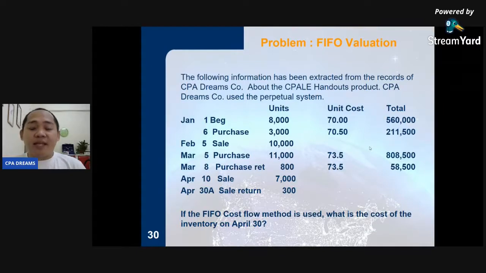Then nag-purchase ng 3,000 at 70.50 to 11,500, and then sale ng 10,000. And then purchase 11,000, 73.5, then 808,500. Now, meron kang sale na 7,000 and then sales return of 300. So, magkano ang cost ng inventory mo at April 30?